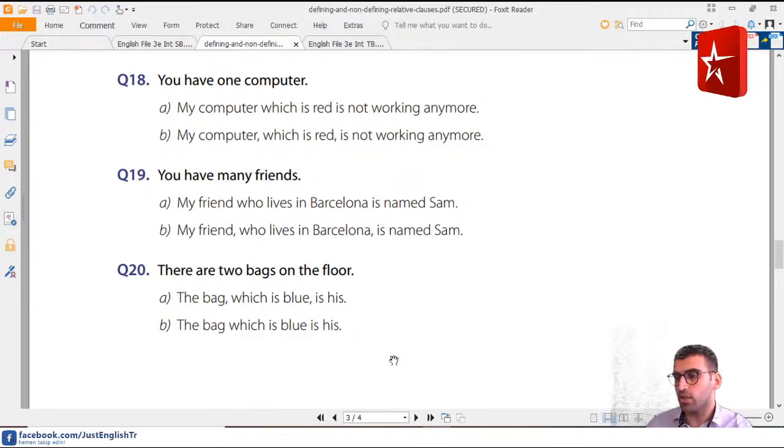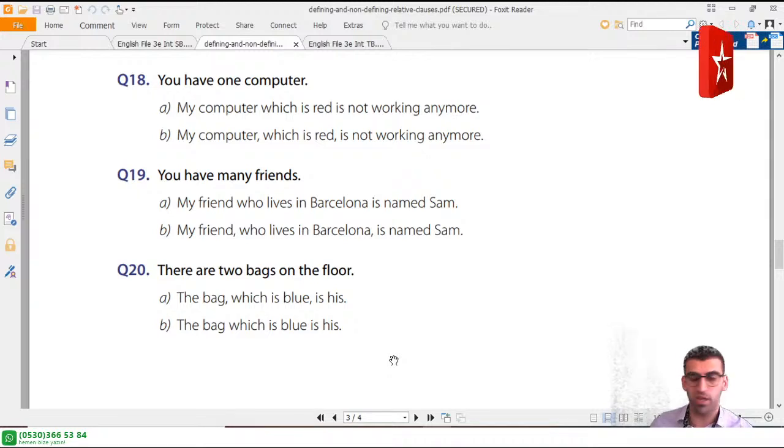That's why the correct answer for question 20 is which one? Nejat wrote 20 is B. Of course, yes, because we have more than one choice, two bags, we have to define.